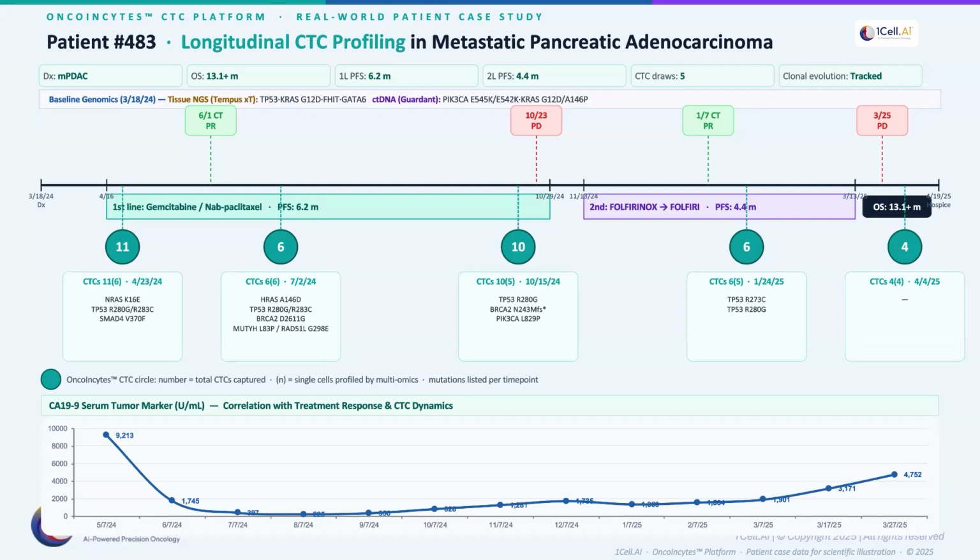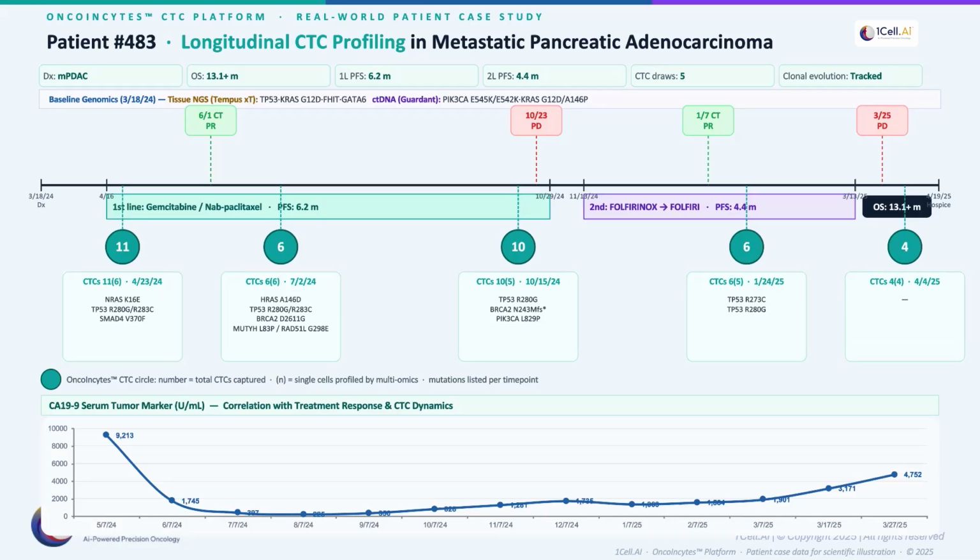With time, the CTCs change. So this patient starts off with NRAS, P53, and SMAD4. SMAD4 activates the MEK pathway. It can activate EGFR and HER2 and other pathways as well. And then with treatment, an HRAS emerges.